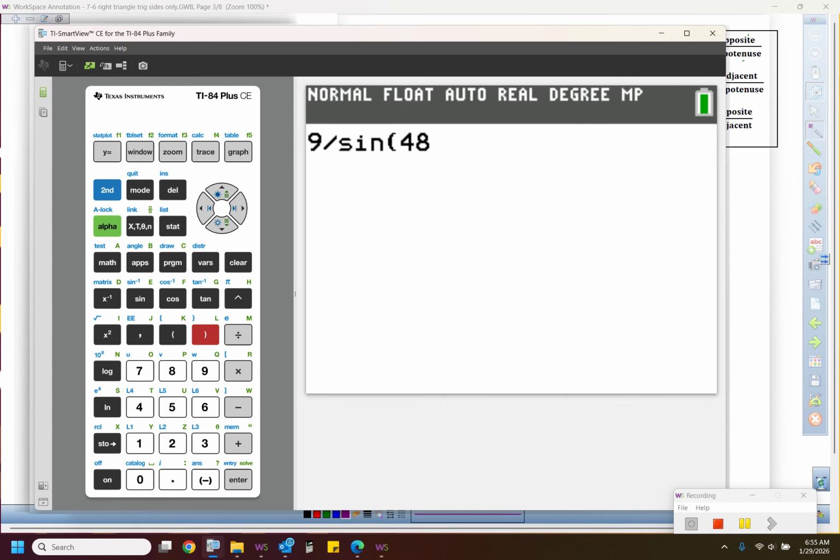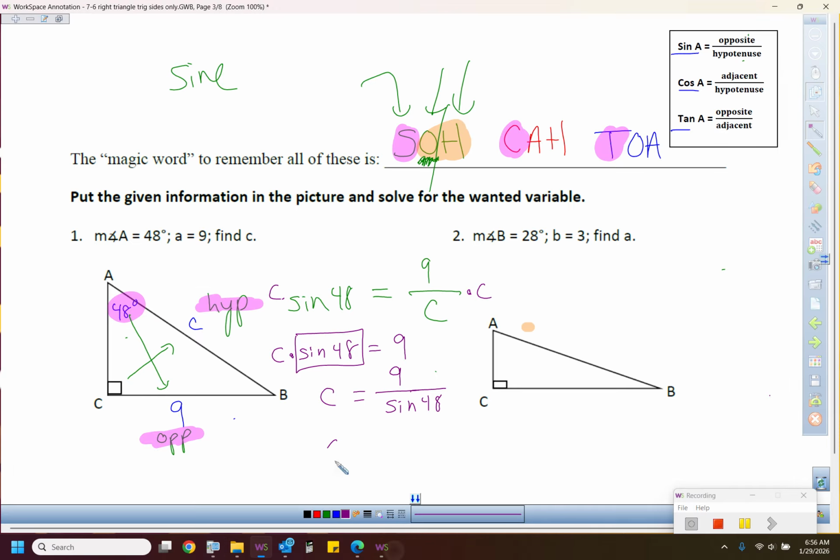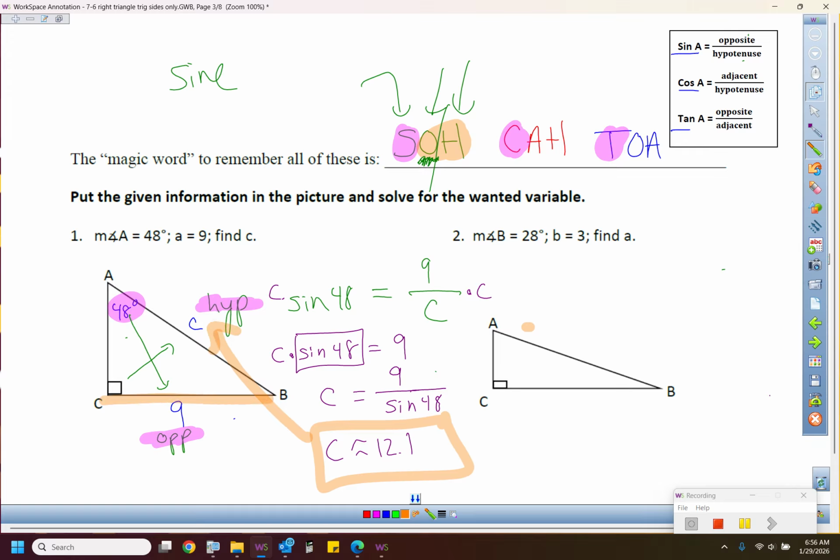So 9 divided by the sine of 48. We're going to get some nasty decimals, so we're going to round to the nearest tenth. That would be 12.1. So C is about 12.1, which does make common sense because it is the hypotenuse. It should have definitely been longer than 9 in that case.